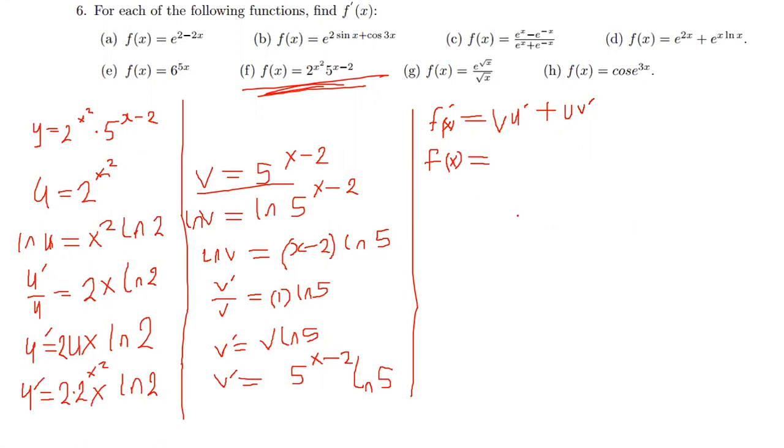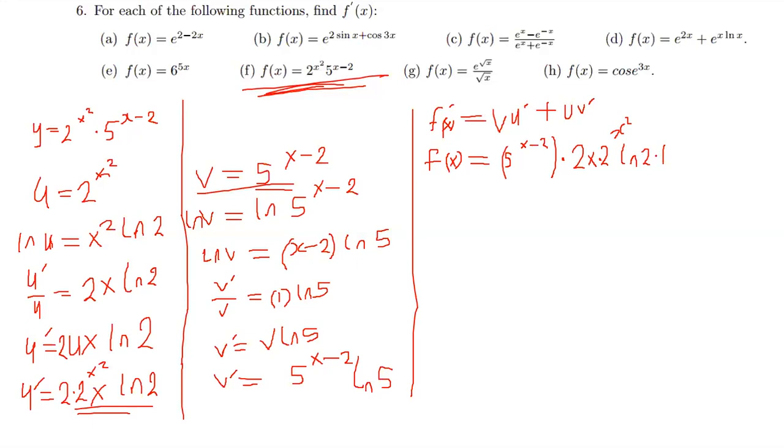So our V here is 5 raised to the power x minus 2, which is just this part here. This is our V, and then V multiplied by U prime. U prime is just this part here, which is 2x multiplied by 2 to the power x squared, then we have ln 2.